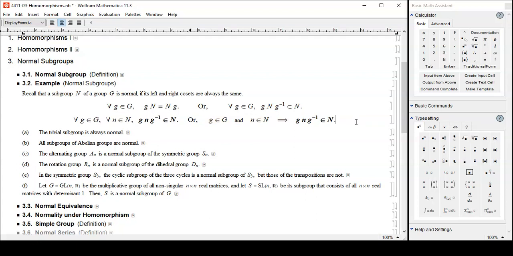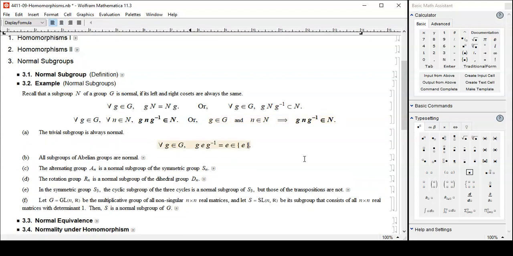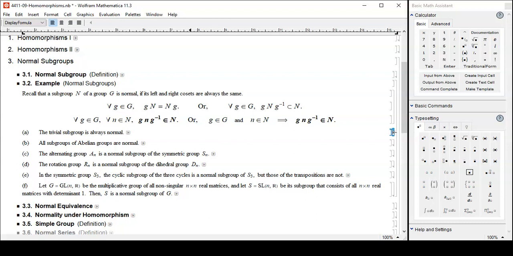Okay. First example, the trivial subgroup is always normal. Oh, come on, that's too trivial. If you plug in e over here, what do you get? g e g inverse. Of course, that's just e. So yes, it goes back to this trivial group. So yes, the trivial subgroup is always normal. Next example, all subgroups of an abelian group are normal.